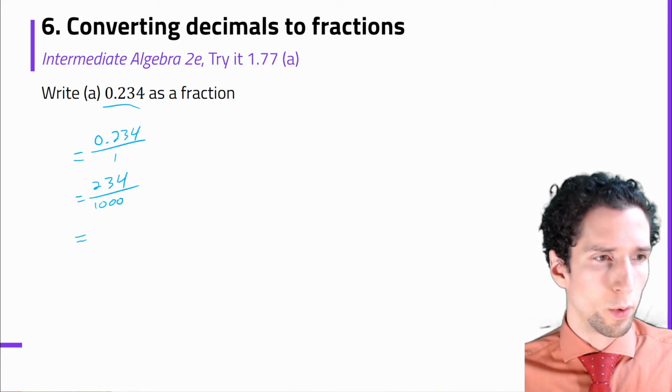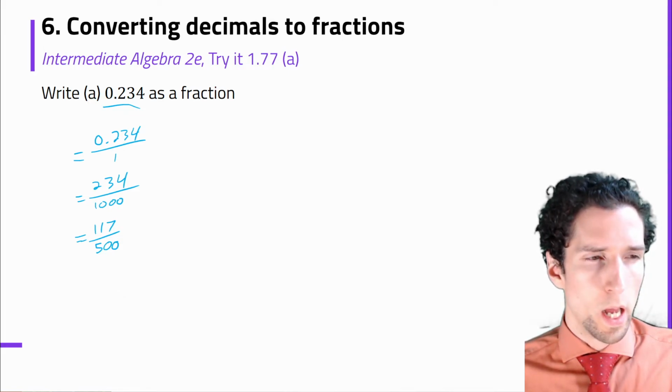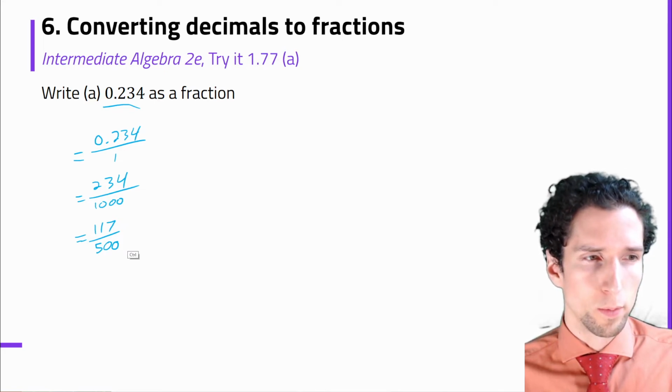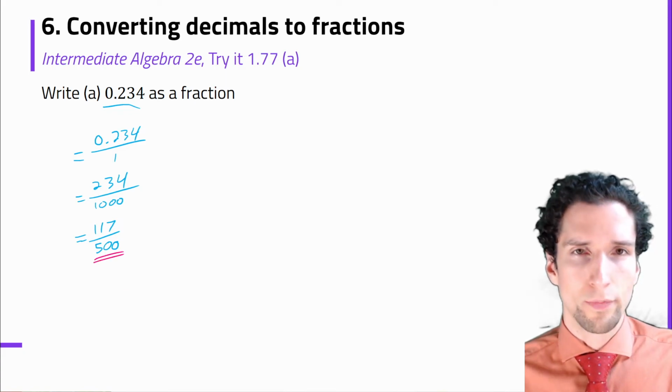Divided by 2 would be 117 on the top and 500 on the bottom. And 117, we can divide by 9 actually, and by 3, but we can't divide the bottom by either of those numbers. So again, I think that's as far as we can go.